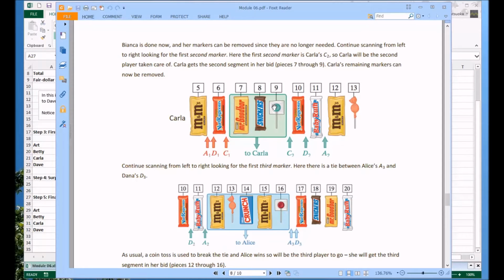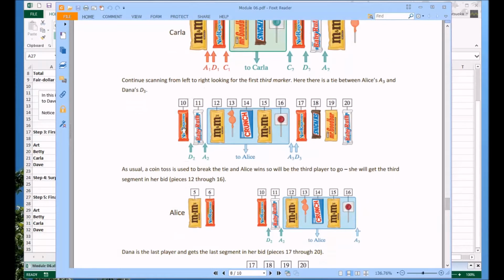Now we move to the third player. Look for the first subscript 3. Then it's going to be Alice. Well, Dave has the same spot as his cutoff segment here. So what do you do if 2 players claim the same segment?